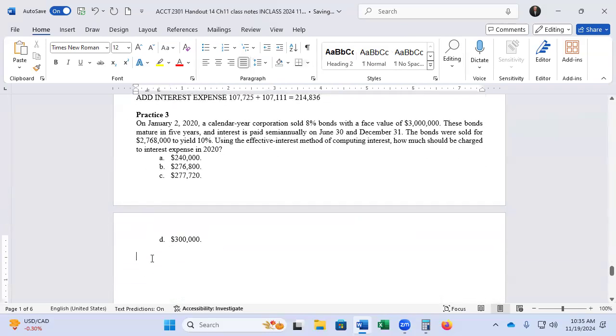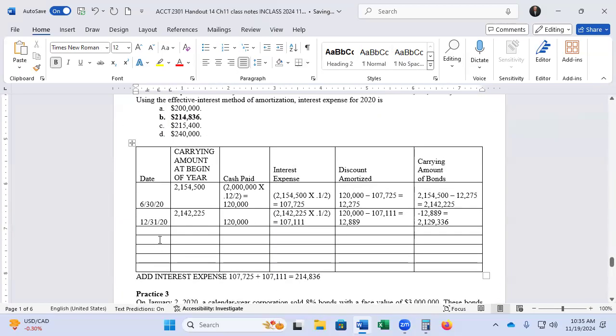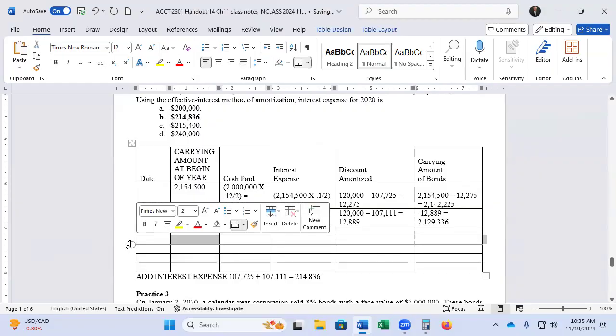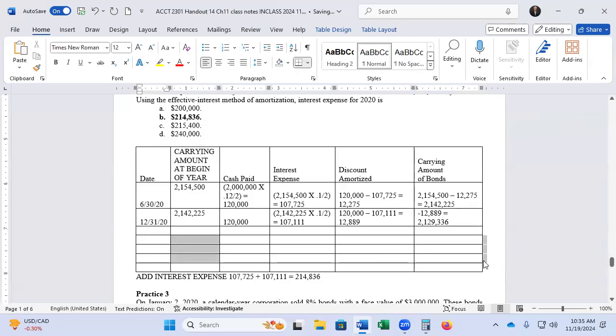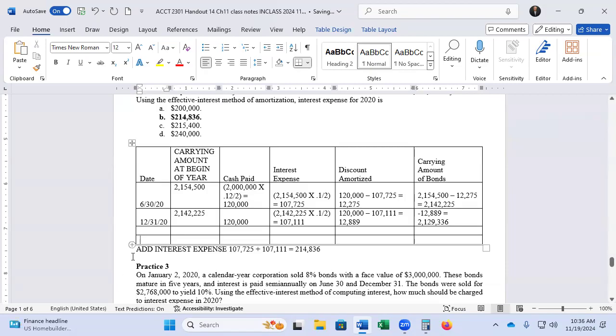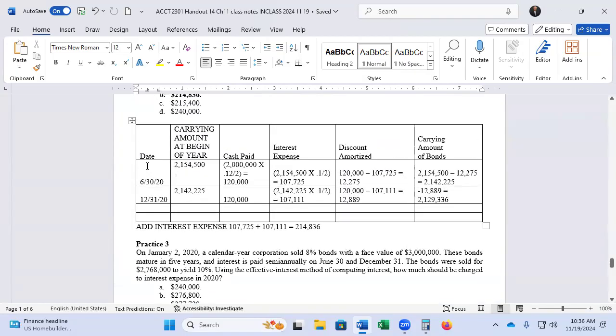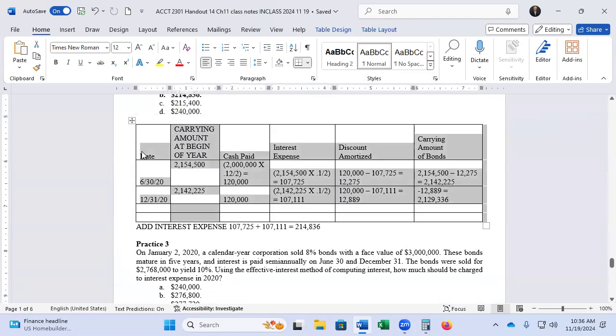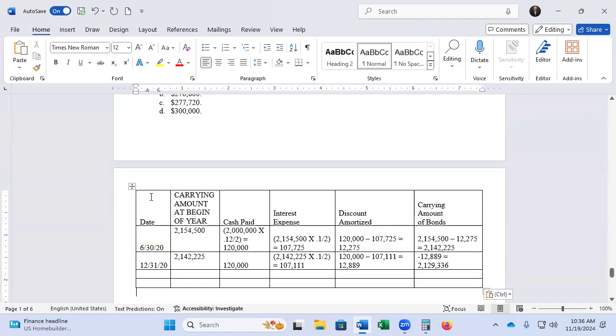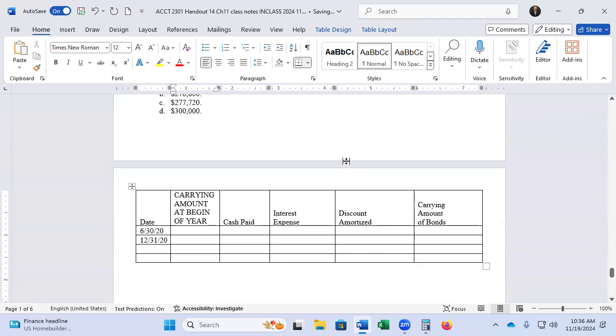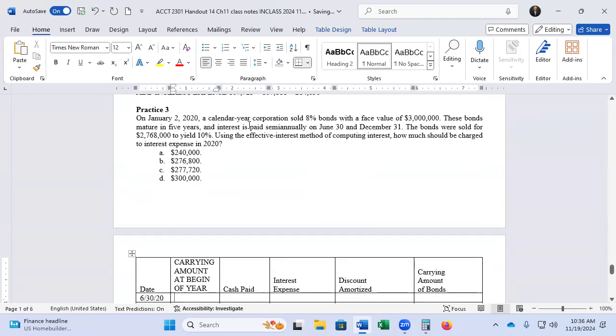Okay. All right. I'll give you about 5 minutes to do practice number 3. Okay, I'm going to come around. I want to see everybody starting to do this. If you have questions, please ask me. It's the same format. Just keep in mind that we've got different numbers now.